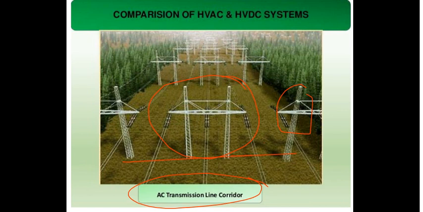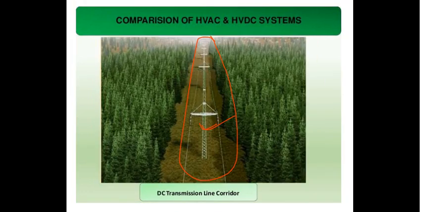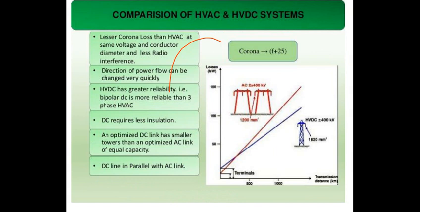Okay, so since the corridor is narrower, definitely there will be less deforestation as long as a new HVDC system comes into picture for the realization, right? So now if you look at the next point, lesser corona loss compared to the HVAC system. We are speaking about the different corona effects now, but the very corona effect you have studied in transmission and distribution systems, right?